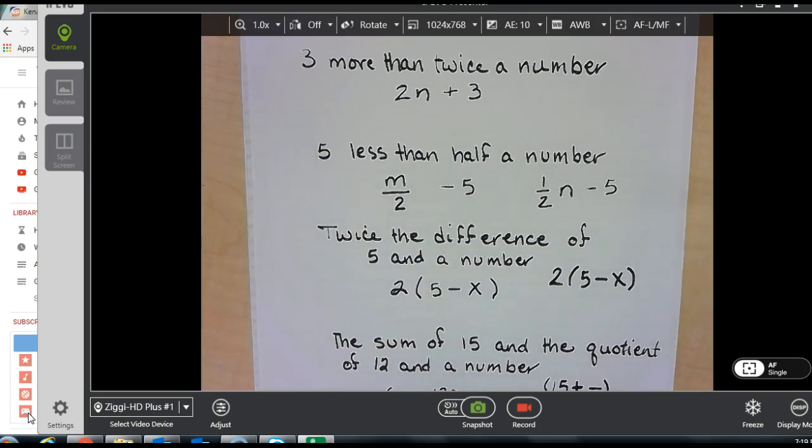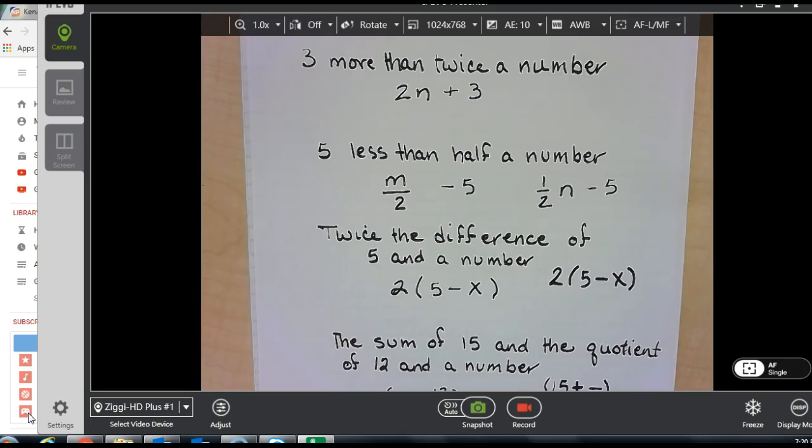So in my division problem, the 12 would go on top. Your number would go on the bottom. Since I don't know it, you can put any letter again down in the denominator that you want. Numerator's 12, denominator's b. If you don't want to write that as a fraction, you could go 15 plus 12 divided by b, and it is the same thing.